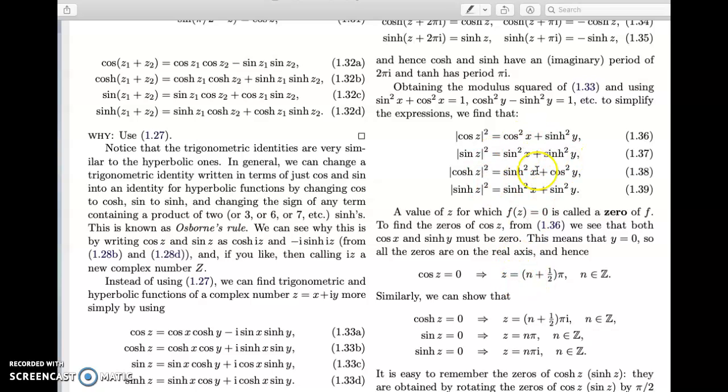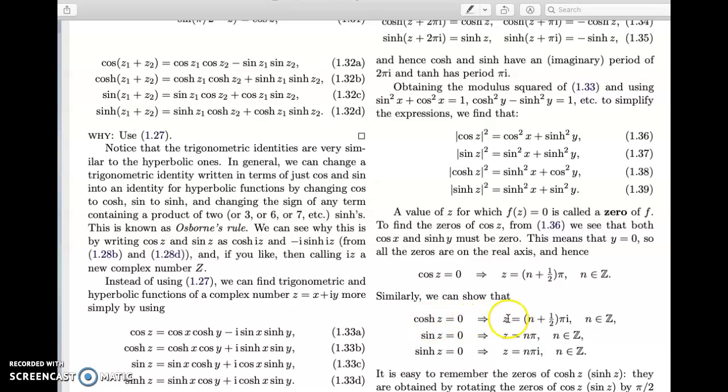And by a similar technique with the others, we can show that cosh of z has zeros along the imaginary axis, and sinh of z has zeros along the imaginary axis as well. Notice the relation between these: cos has zeros at n plus a half pi along the real axis.